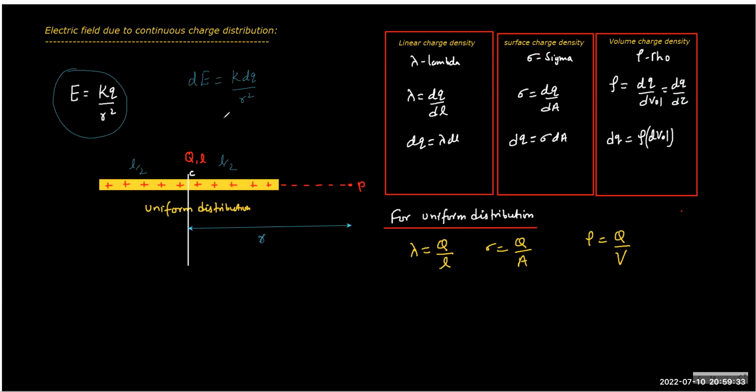Single. And in which direction, right or left? The field is right. And if you choose any random elementary part, the field will be right only. So the thing is sorted now.